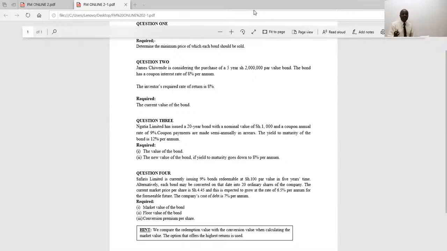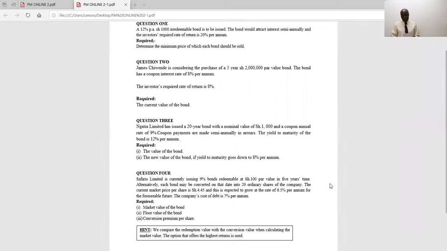If I could be captured on the screen, writing here. Question number 3. Ngatia Limited has issued a 20-year bond with a nominal value of shillings 1,000 and a coupon annual rate of 9%. Coupon payments are made semi-annually. Please underline for me there, semi-annually in arrears.